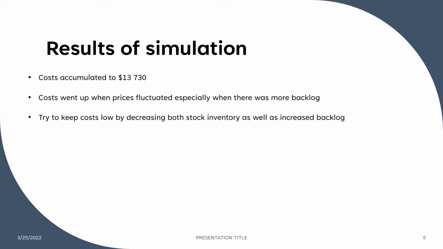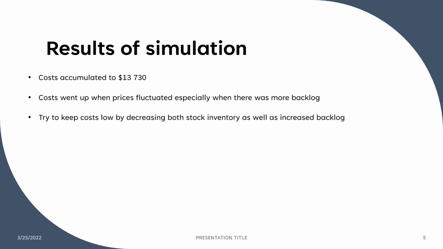So the increased backlog was definitely the worst. That was way worse than having stock already. If we had stock, we were still moving it out regularly. But if we had backlog, even if we were moving out stock, we had no stock on hand, and whatever stock we had would just go out immediately, and we would just be increasing the backlog, and as it increased, costs just went up.